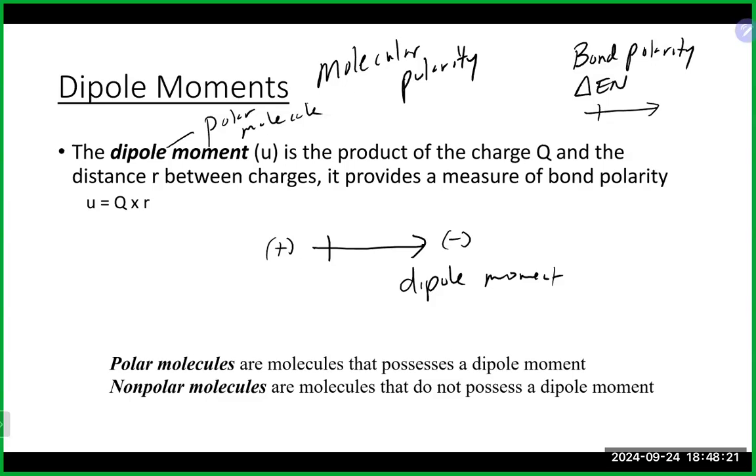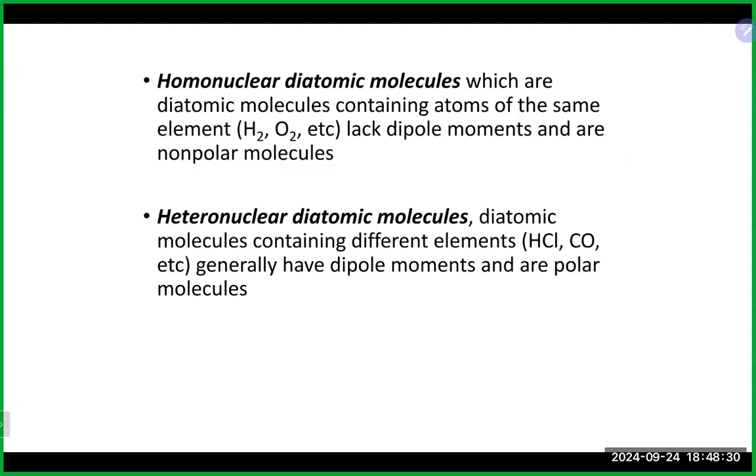So polar molecules will have dipole moments. If you have a nonpolar molecule, it will not have a dipole moment. So as we talked about, your simplest and easiest ones to figure out whether something is going to be a polar molecule or nonpolar molecule are our diatomic molecules. And that is because they essentially only have one bond. So if we take something like a homonuclear diatomic molecule, which is a fancy way of saying two of the same elements together, like here.